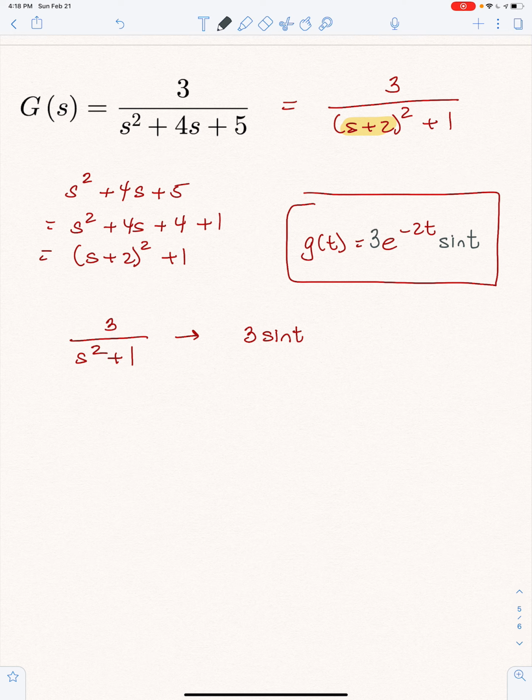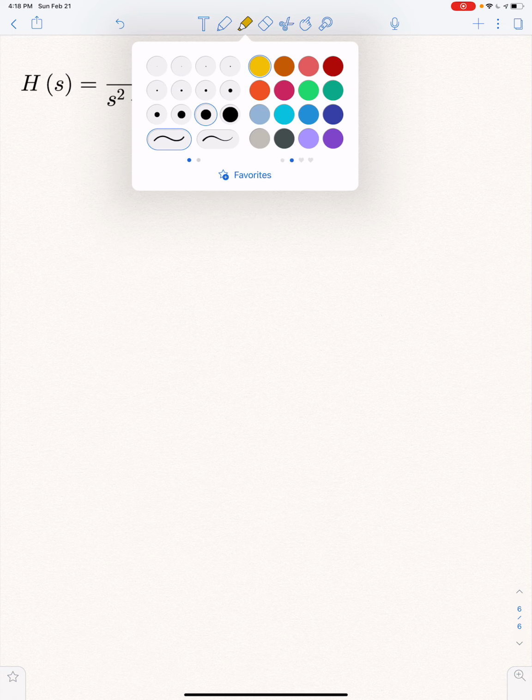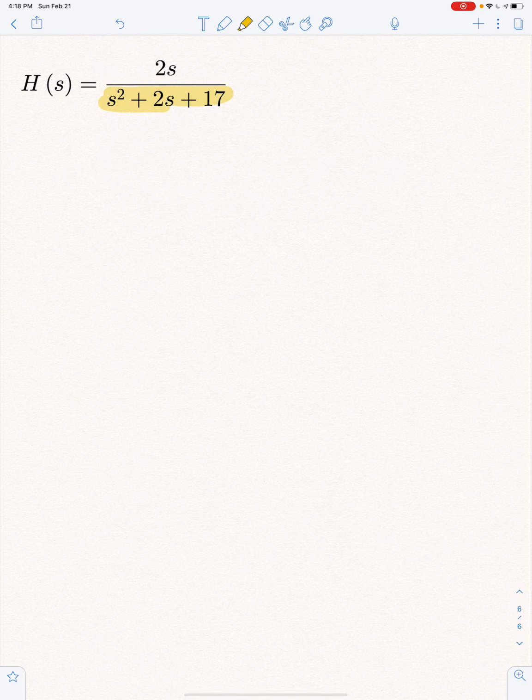All right, one more. This one might be a little bit more difficult. So here again, denominator tells the story, right? And looking at that, it doesn't factor, so that means I'm not going to try partial fractions, but it does look like something that could be completing the square. So s squared plus 2s plus 17. Well, I know the number used to complete the square with a 2s is 1.